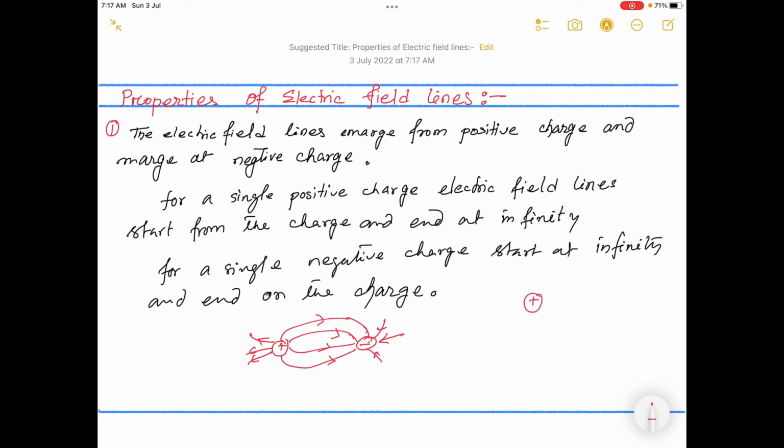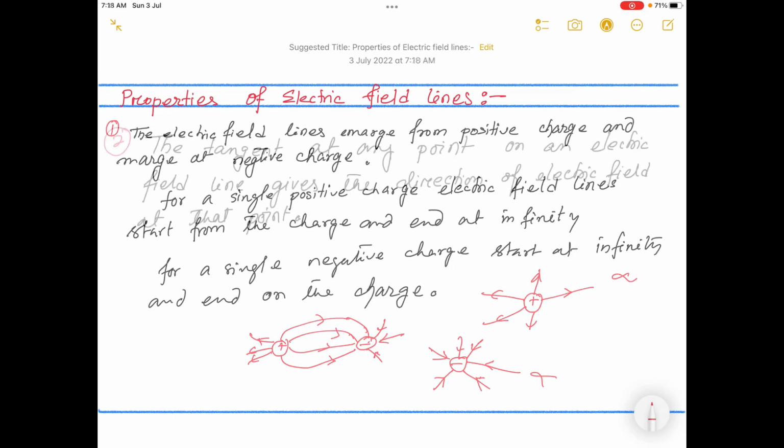For a single positive charge, electric field lines start at the positive charge and end at infinity. For a single negative charge, they start at infinity and end on the charge, in the radially inward direction. So I have explained those things.